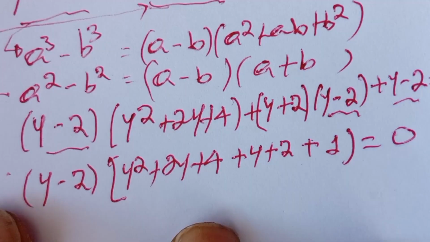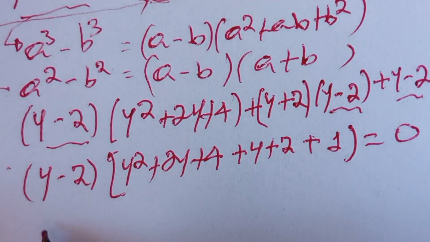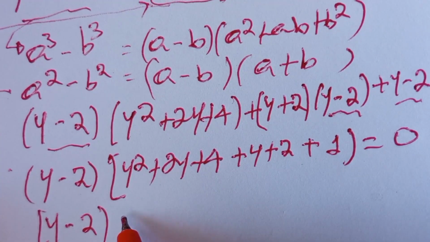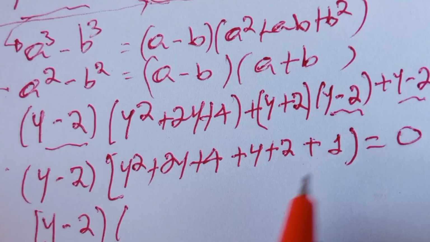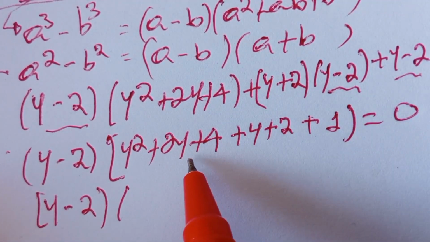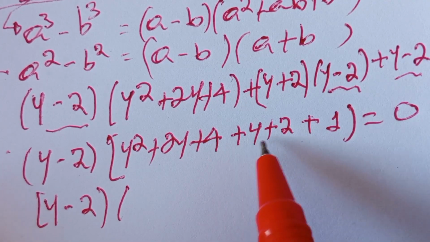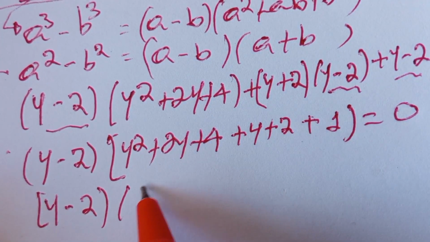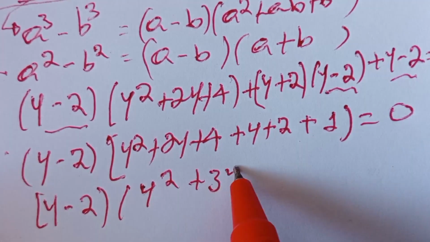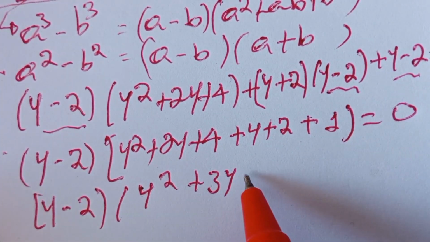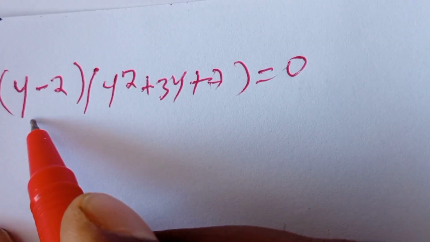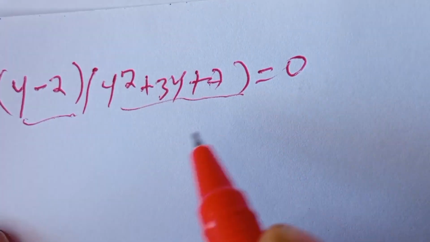So with y minus 2 common, let's sum up the other factor: y squared plus 2y plus y is 3y, and 4 plus 2 plus 1 is 7.